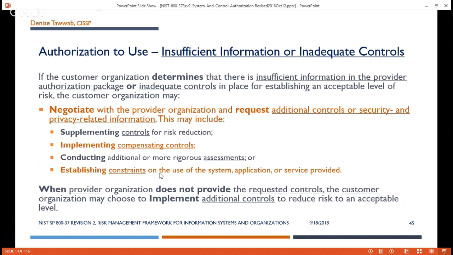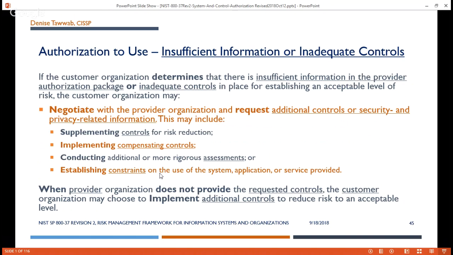Okay, authorization to use when there is insufficient information or inadequate controls. If the customer organization determines that there is insufficient information in the provider's authorization package, or they have inadequate controls in place for establishing an acceptable level of risk for the customer organization, then you've got some options.